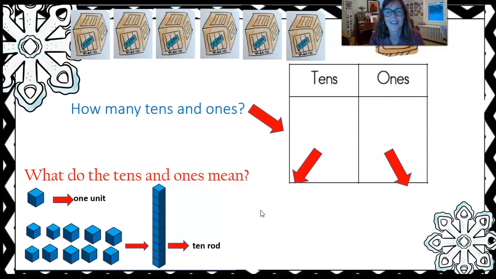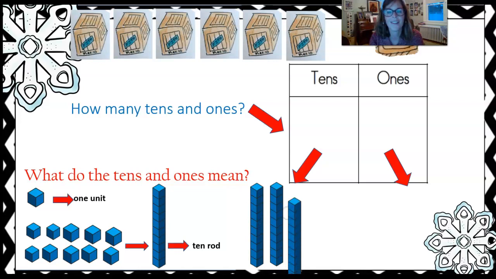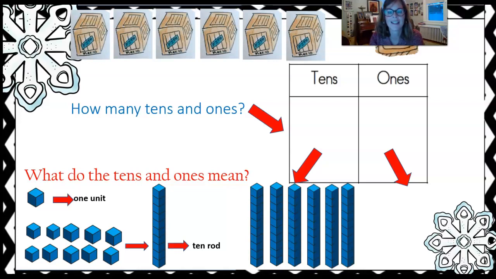Here we go. 1 rod for each box of fish. 2, 3, 4, 5, 6. But remember, it's not 6, it's a group of 10.